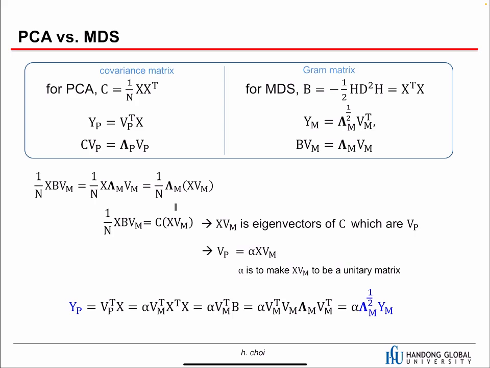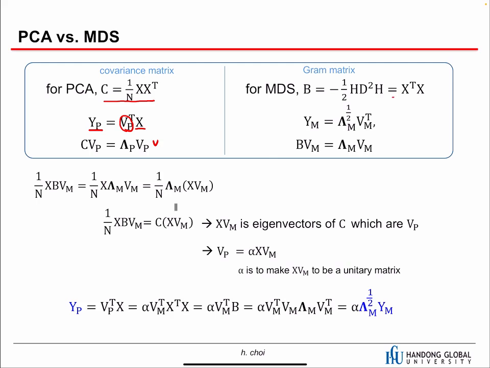For PCA we use a covariance matrix, and the projection is based on the eigenvector. If we multiply this eigenvector to the original data, then we get projected vectors. This is eigendecomposition. In MDS, we have the Gram matrix or inner product matrix.